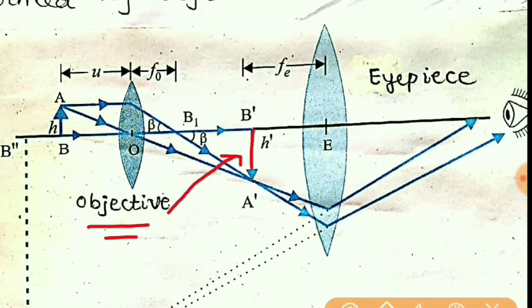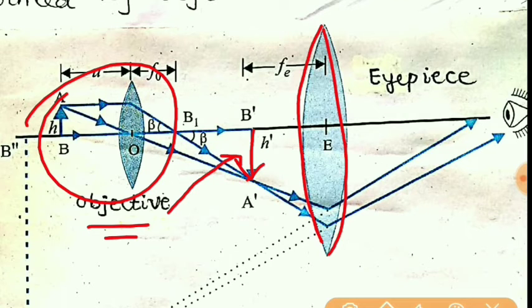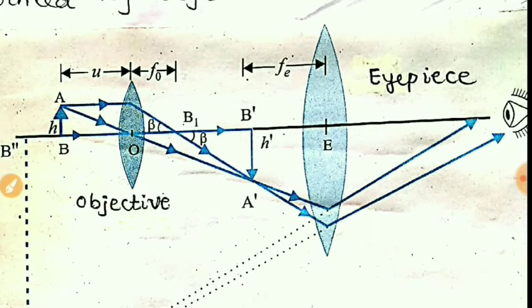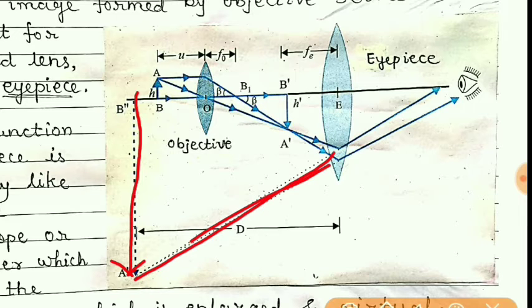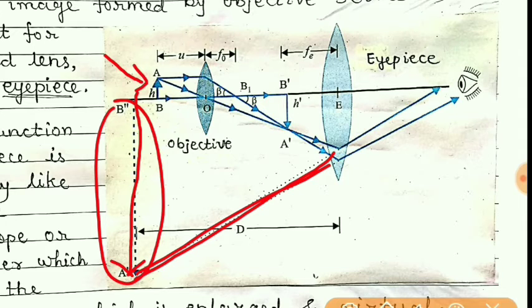Now this image will behave like an object for the second lens, which is the eyepiece. So now forget about the first lens. This will be the object for the second lens, and with the help of the eyepiece, we can get a final image. You can see this is the final image, which is virtual and very much larger compared to the object.